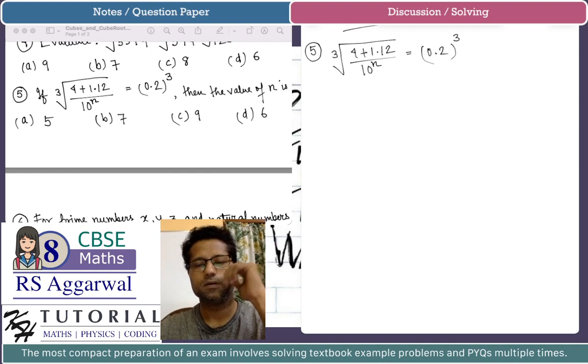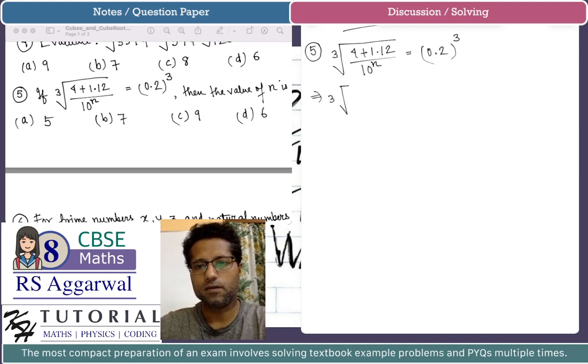Now let's simplify the left hand side a little bit further. What is 4.4 plus 1.12? That is 5.12, and we can see that 512 is a perfect cube, the cube of 8, and we have 10 to the power n.